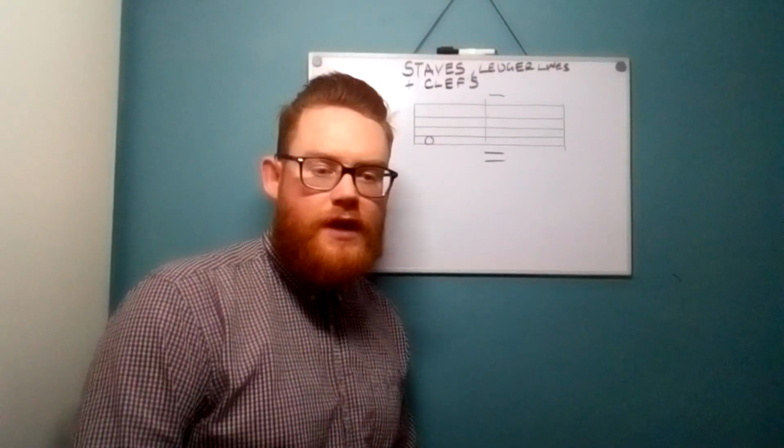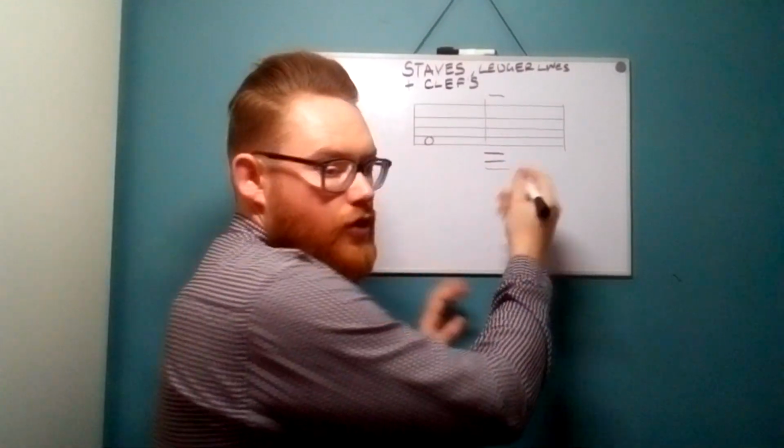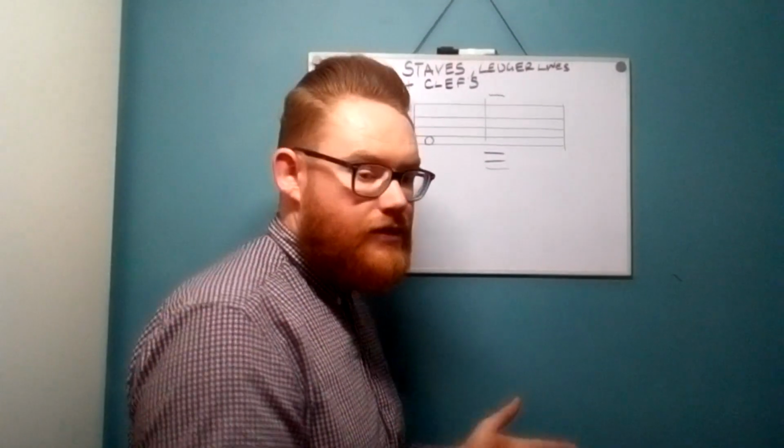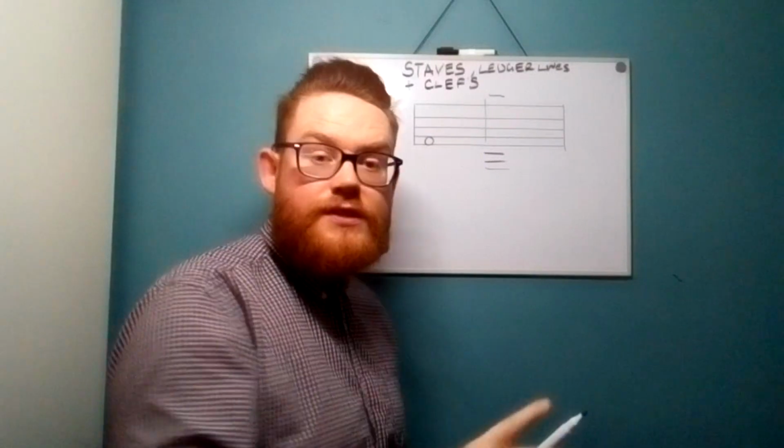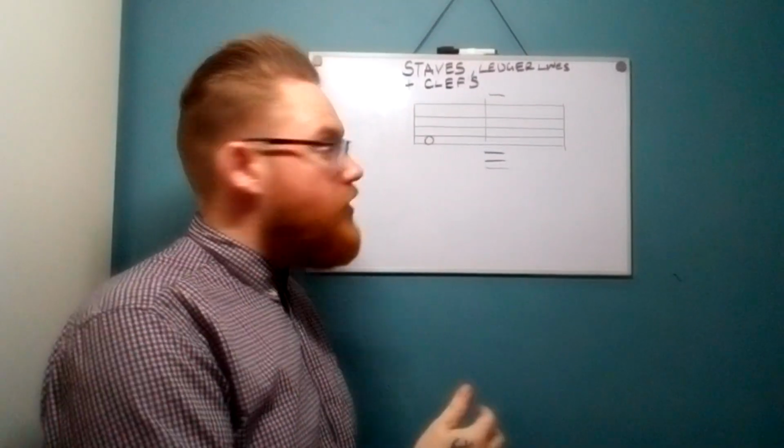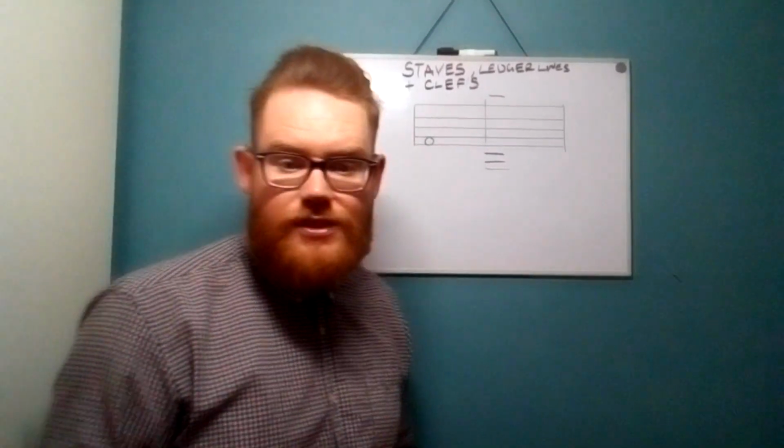Otherwise we would end up with lots of notes and lots of ledger lines above or below the stave, which can cause a lot of confusion as to identifying the note pitch.